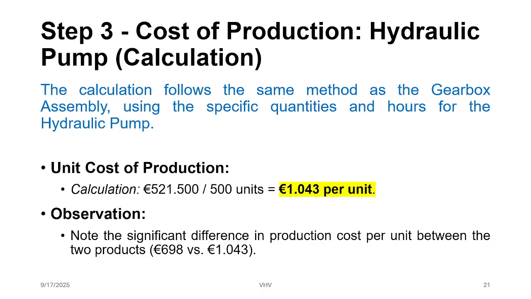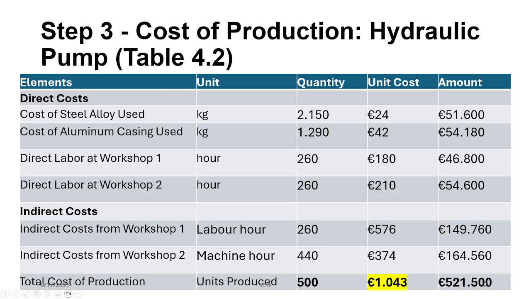So we do the same method as we used for the gearbox assembly, using the specific quantity and hours for hydraulic pump, right? Following the identical method, first we add up the direct and indirect cost. Direct material steel at 51,600, aluminum at 54,180, direct labor 46,800 from workshop 1 and 54,600 from workshop 2.